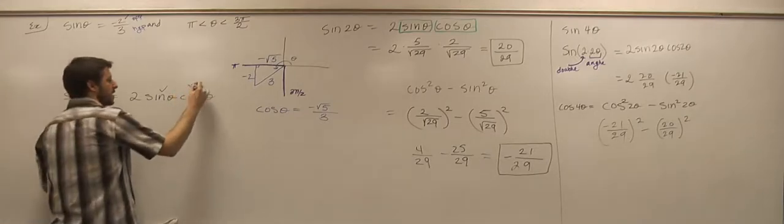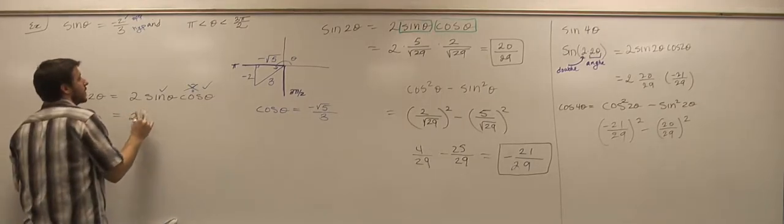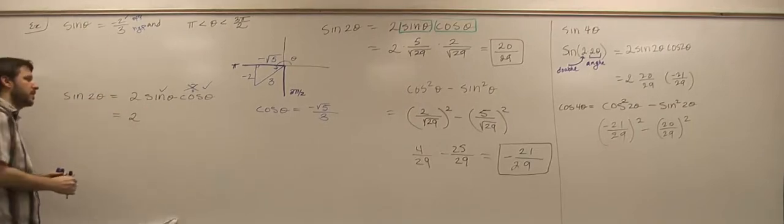So then I know this guy. So I can find sine 2 theta. Sine 2 theta is just 2 sine theta cos theta. So you plug it in at this point.